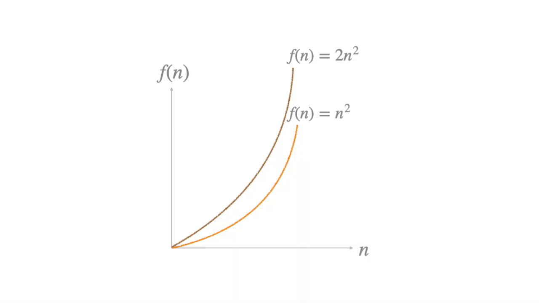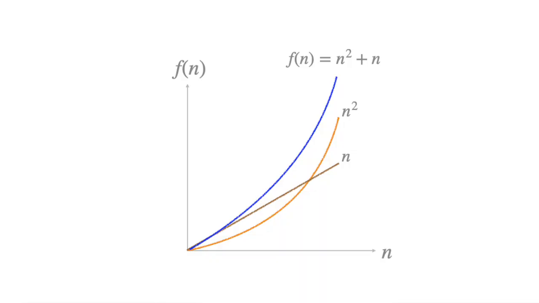So add a constant, doesn't matter, the behavior is the same as n squared. What about if I have twice n squared or 3 times n squared? Again, it's the same thing. The rate of change, we are multiplying by a constant. So whatever behavior I'm getting for n squared at n equal to 5 or 500, I'm going to get the same kind of behavior for 3n squared, right?